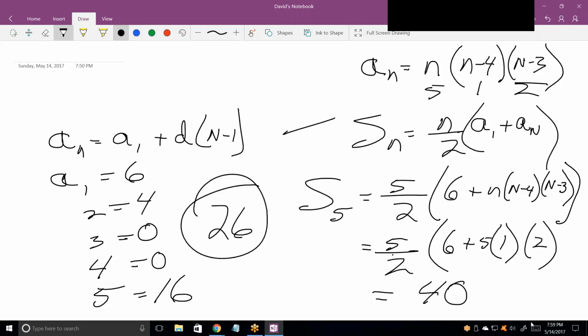So I don't think that is the formula for an arithmetic sequence. This is not an arithmetic sequence. This goes 6, 4, 0, 0, 16. That's not an arithmetic sequence. An arithmetic sequence is one where every term is separated by a constant amount.